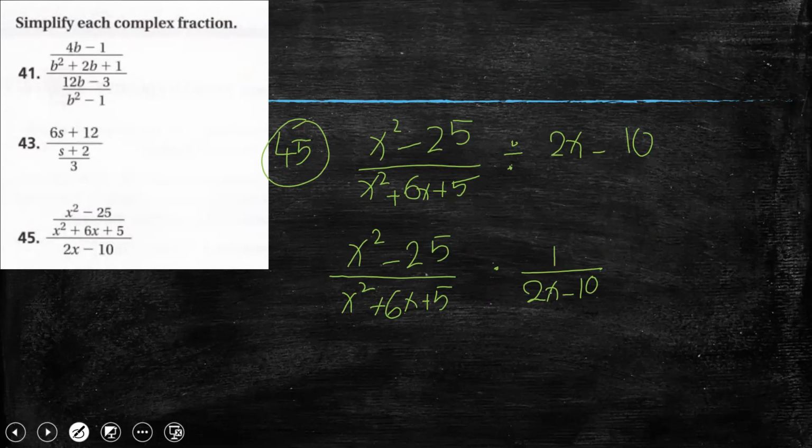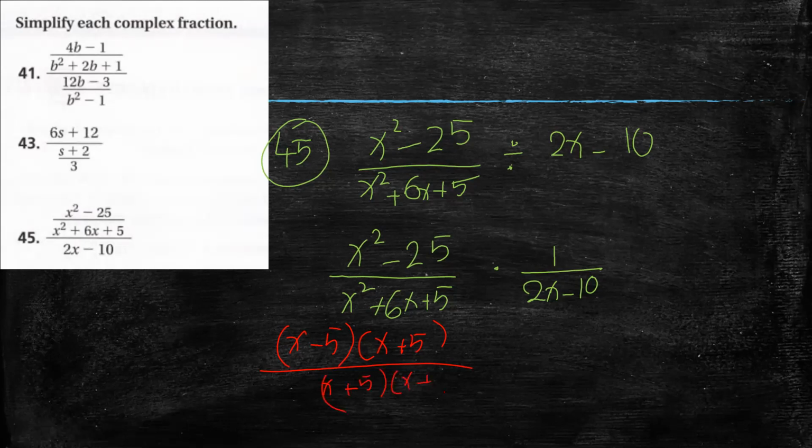Then, after that, x squared minus 25, how can I simplify it? Two brackets: x minus 5 and x plus 5. Over x squared plus 6x plus 5: x plus 1 and x plus 5. Bravo. Times 1 over 2x minus 10: take 2 as a common factor, 2 times x minus 5.